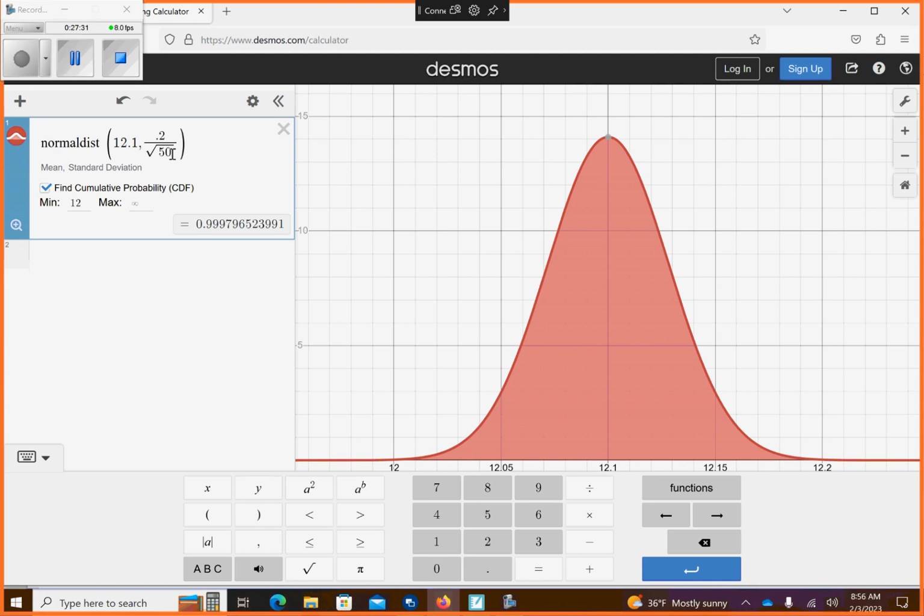So I go take my standard deviation that was given from my whole population. I'm going to take by the square root of 50. And now they're going to say, well, shoot, if we select 50 cans, we have a 99.98% chance that any given can of soda is going to have 12 or more fluid ounces in it.